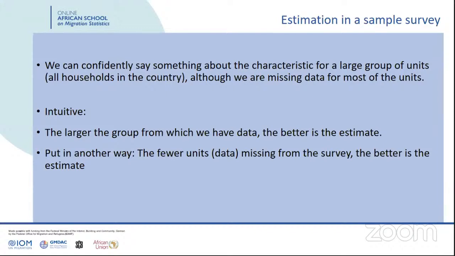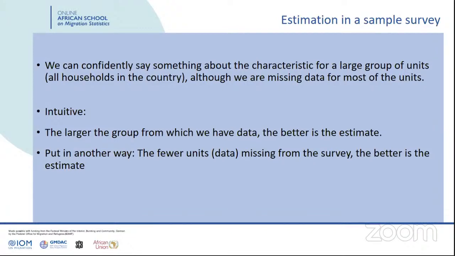Intuitively, you can understand that the larger the group from which we have data, the better our estimate should be. The extreme is, of course, if the group from which we have data is all the units in the population, then we have a very good estimate.